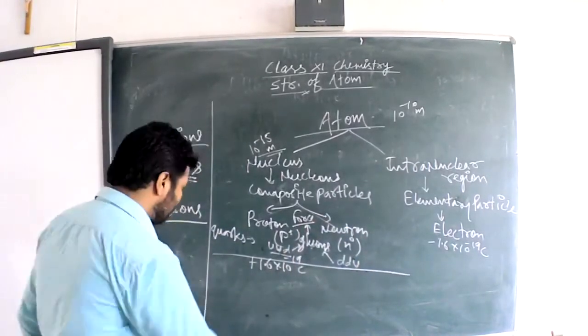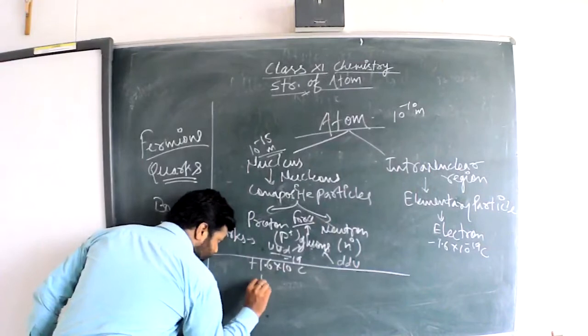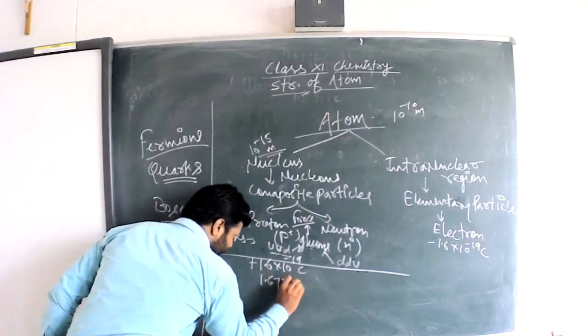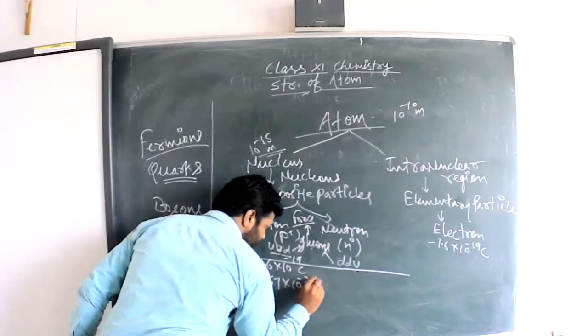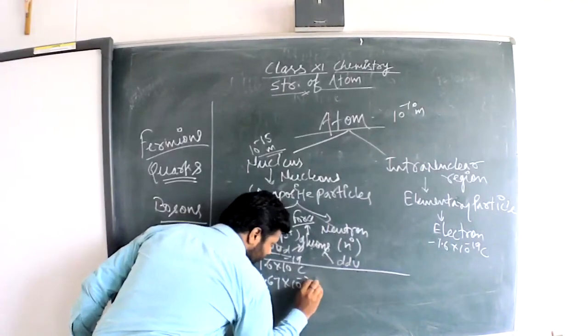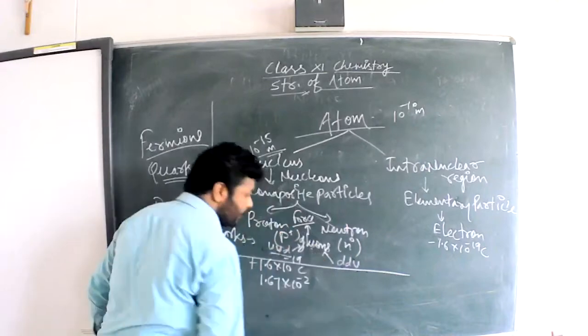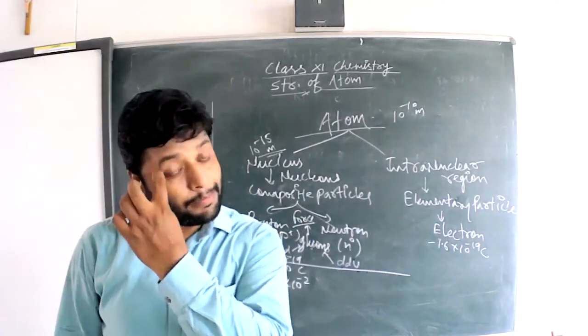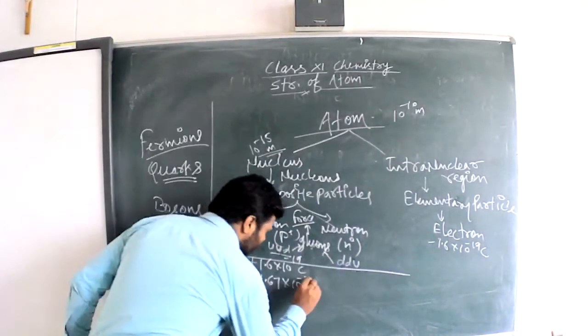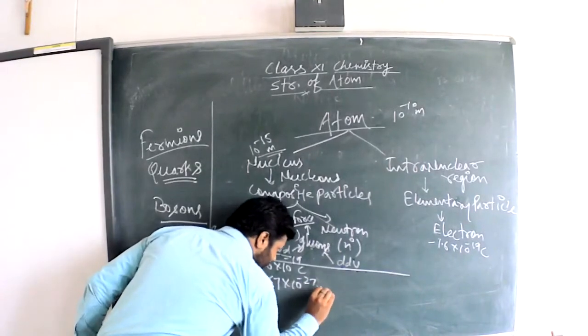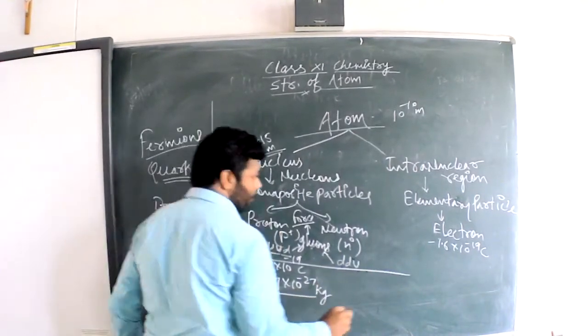Let's discuss mass. The mass of the proton is about 10 to the power minus 27 kilogram.